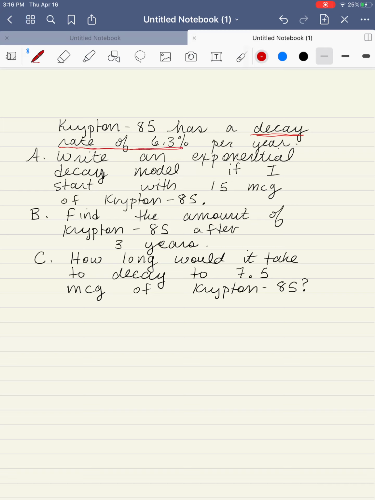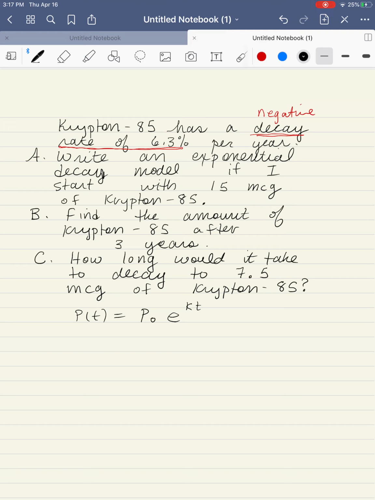This is important to remember, that we have a decay rate of 6.3. So that tells us that our k, our rate, is a negative number because we are decaying. So I want you to try and work out parts A, B, and C. Pause the video, work out those 3 parts, and then check back. All right, so we know we're writing an exponential model.